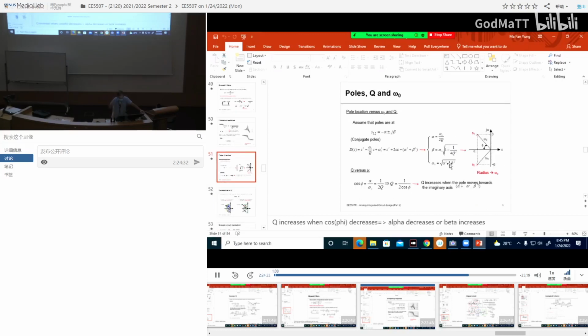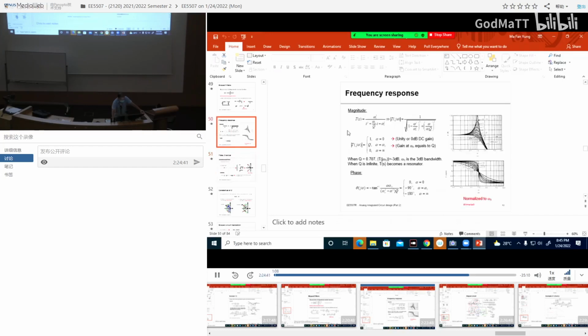So here we are talking about the different locations of the poles. In this simplification, there are only 2 poles. There is no zero. This biquad only has a denominator, so there are only 2 poles.